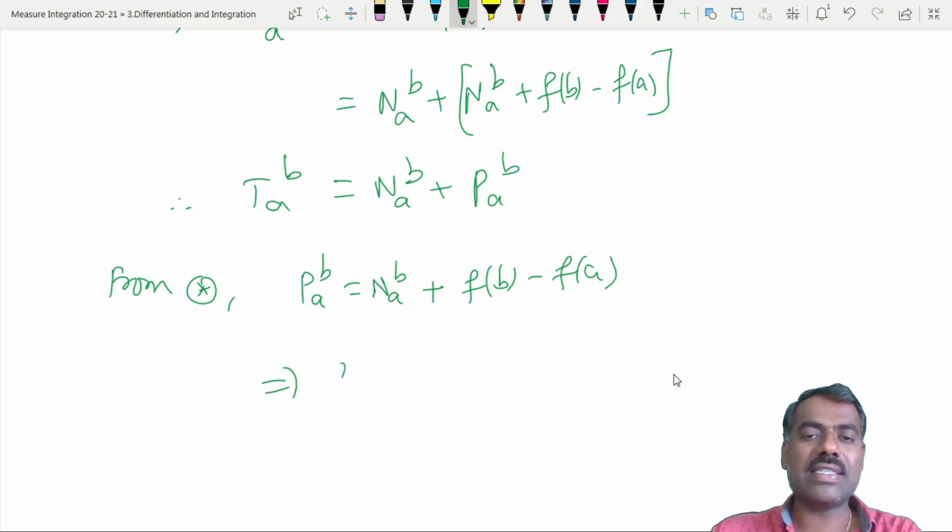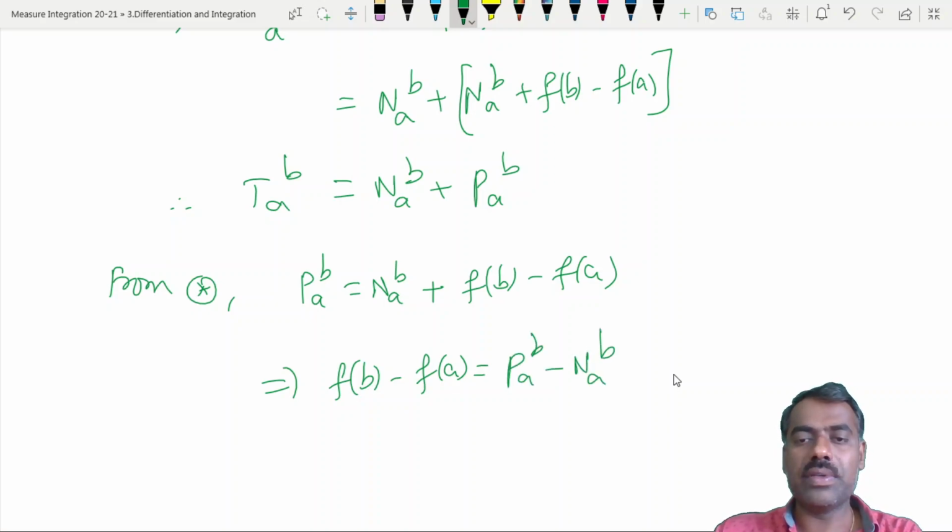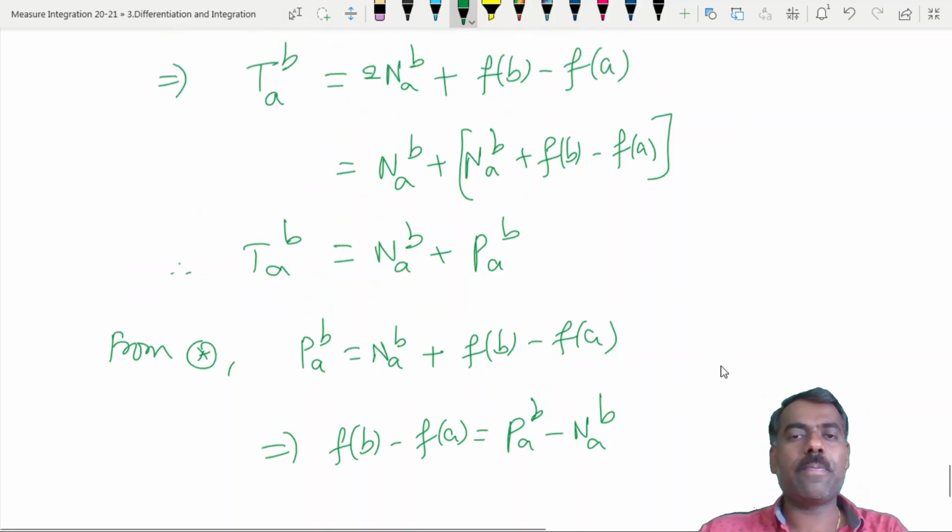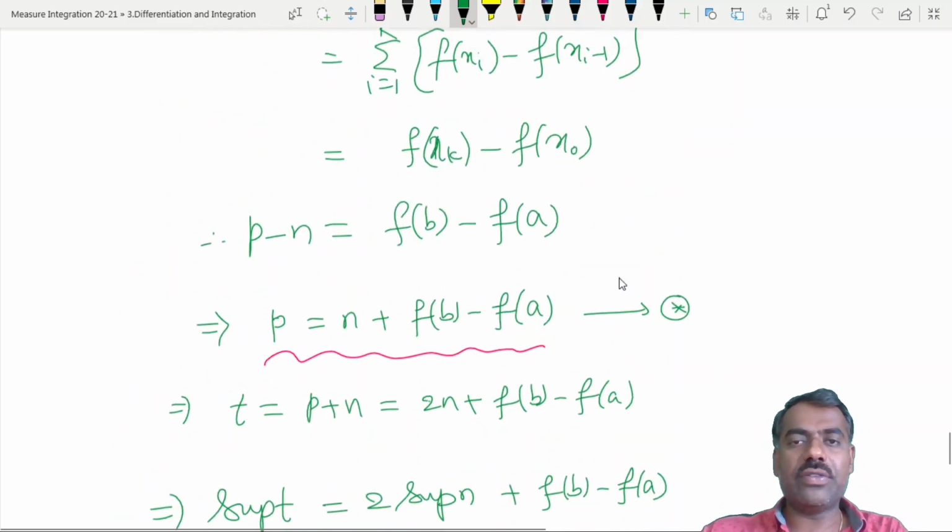This implies f(b) minus f(a) is equal to P_ab minus N_ab, right? Okay, so that is what we want to prove.